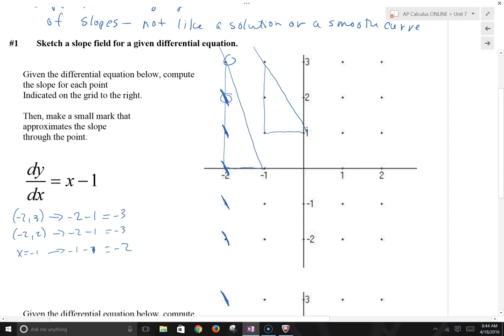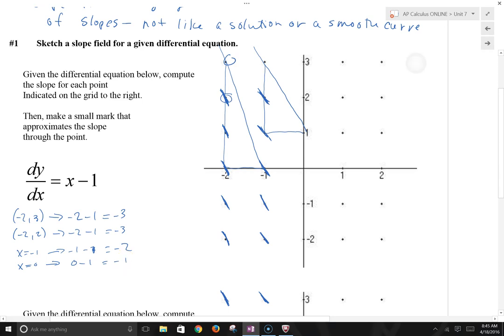Notice it's not as steep as the first one. So I'm going to attempt to draw these parallel to that, like so. And I'm going to do the same thing at x equals 0. 0 minus 1 equals negative 1.